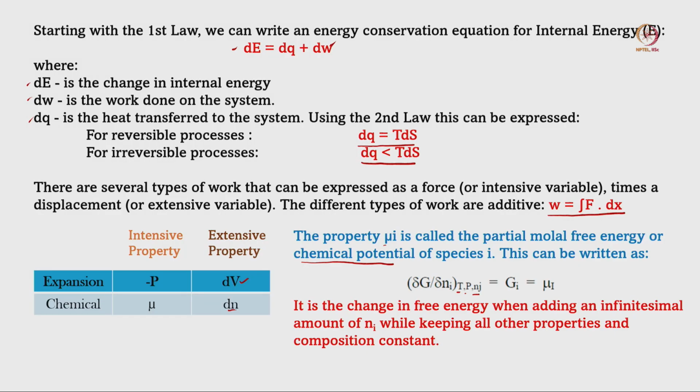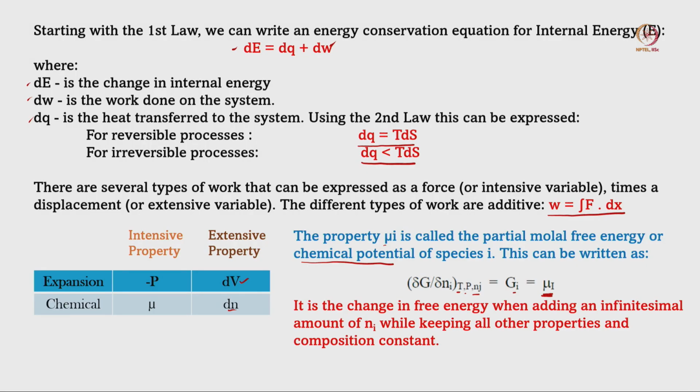So, that is our Gi, the molar free energy of that particular species. This is represented by either mu i or Gi, and we generally use this mu term.